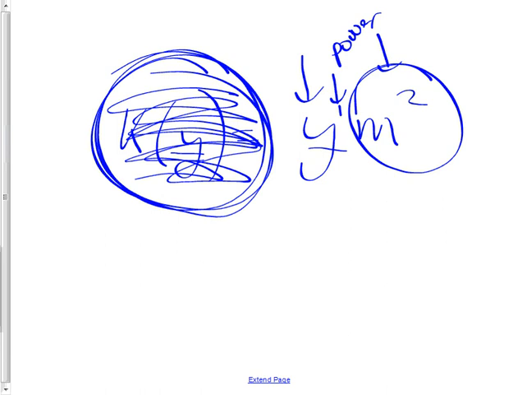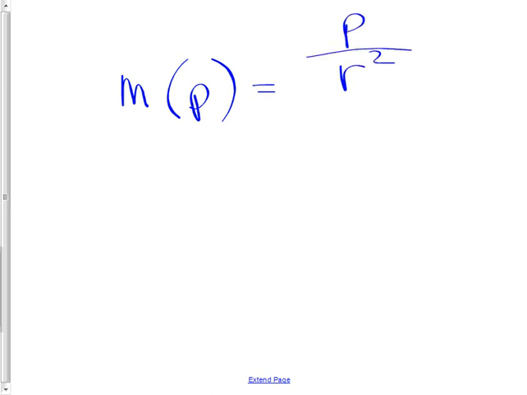All right, let's do one more like that. M of p is equal to, I'm going to make this a little trickier, p over r, that's going to really be too tricky. R squared over p. Yeah, that's a really tricky one. Okay, I want you to try to figure out, is this a power function?